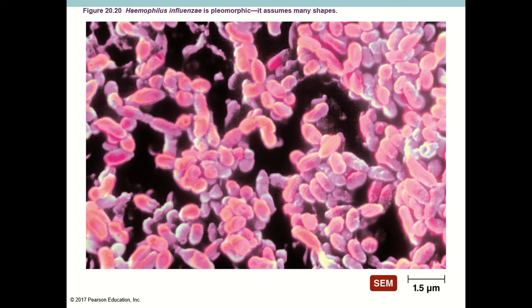NADH is an electron carrier that we talked about back in metabolism when we were talking about glycolysis, cell respiration, Krebs cycle, chemiosmosis. Recall that NADH is arguably one of the most important molecules in the animal body, because without NADH you cannot produce energy.